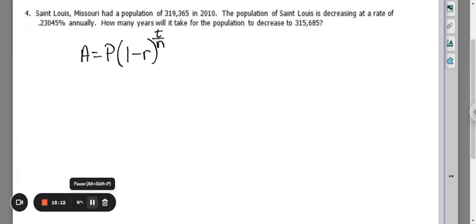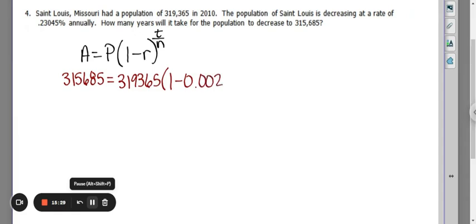So we've got our new population. We've got the original population. And 1 minus the interest rate or the rate of decay.